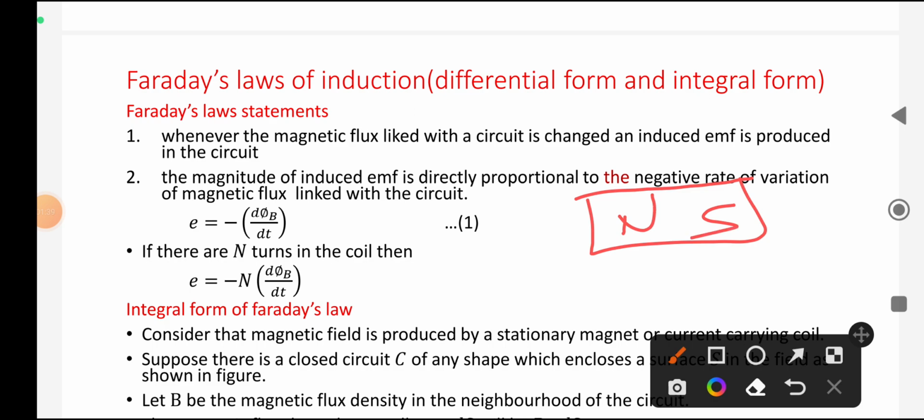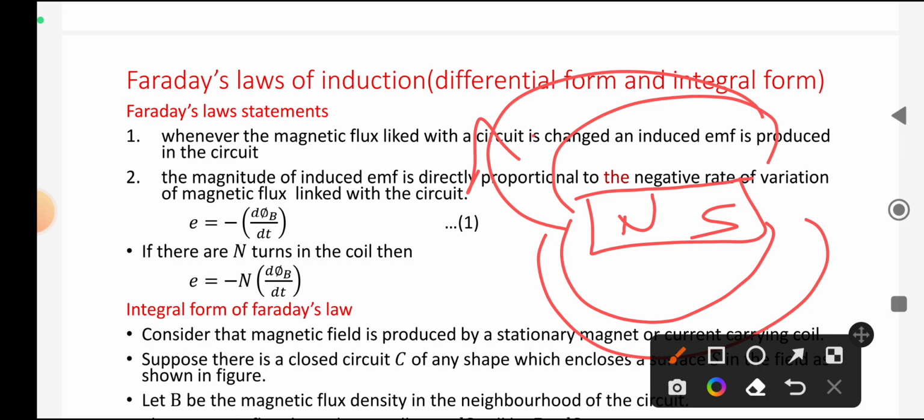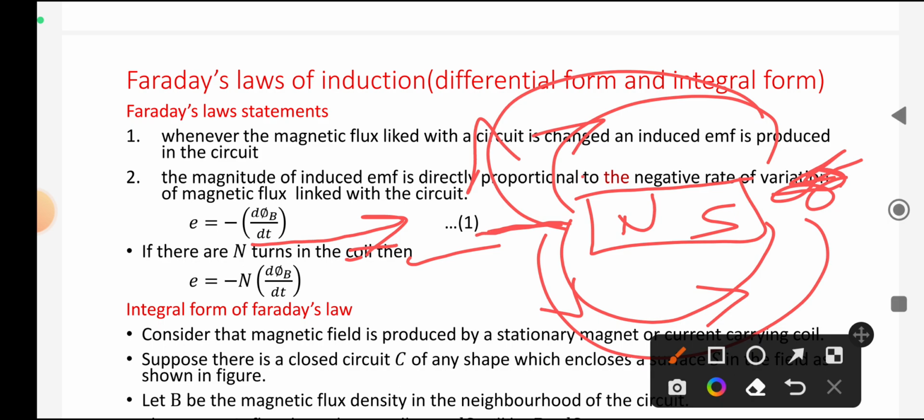The lines of force are generated from N and end at S. When we move away from the poles, the magnetic field decreases, but when we come towards the north pole, the magnetic field increases. The same thing happens on the south pole side. So at different points, the magnetic field is different.